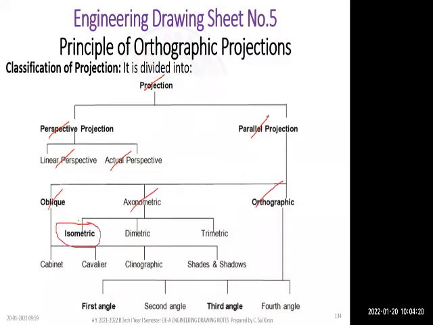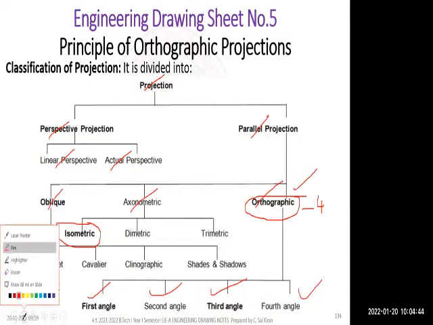In the 5th unit, you will find converting an object from isometric to orthographic, and orthographic to isometric. Next, we are discussing orthographic projection. Orthographic projection is again divided into 4 types: first angle method, second angle method, third angle method, and fourth angle method.